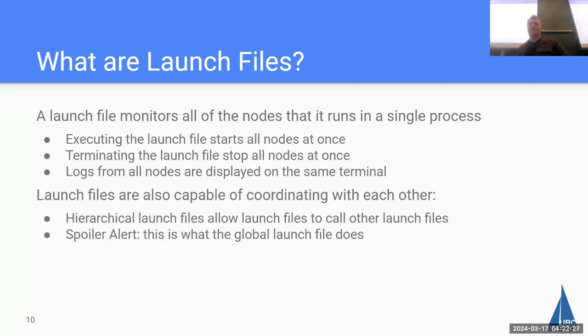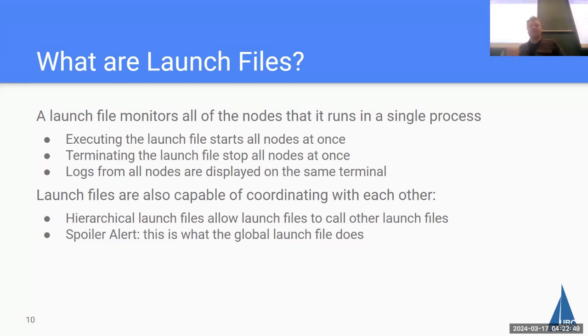And it will also take all the logs from all these nodes and display them in the same terminal. So that's one of the big advantages of using a launch file: it manages the processes for each node for you, so you don't have to worry about which processes you need to kill, because you just kill one.